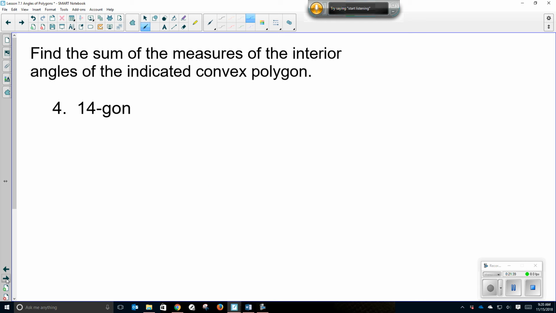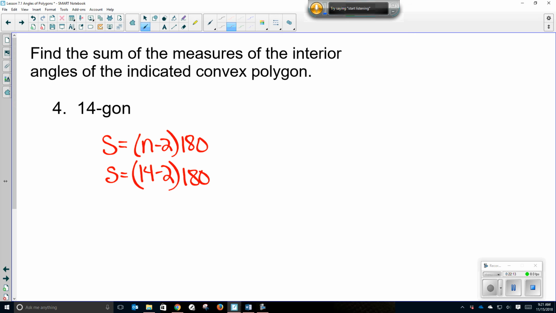Find the sum of the measure of the interior angles of the indicated convex polygon. What I want you to do every time is write down the formula. S equals n minus 2 times 180. I don't care if you put 180 first, that's okay. The sum is equal to 14 minus 2. Now this part, I don't care, you could just put 12 at that point, that's okay.